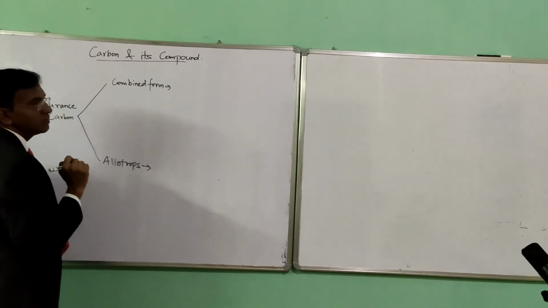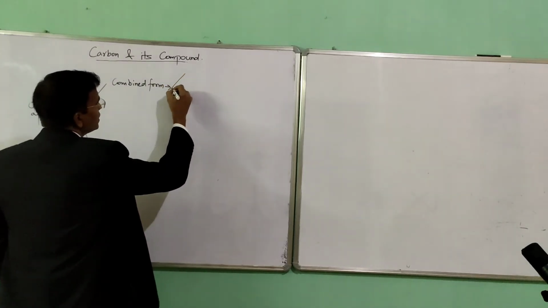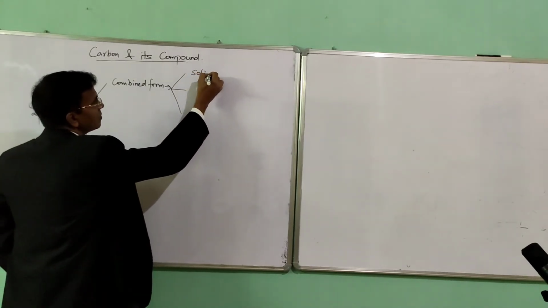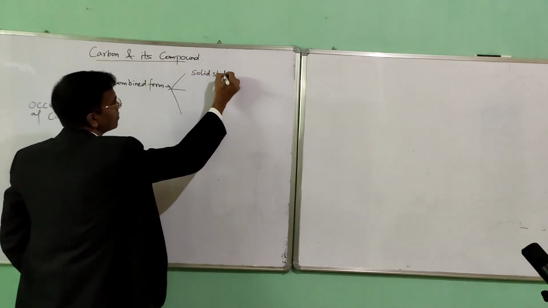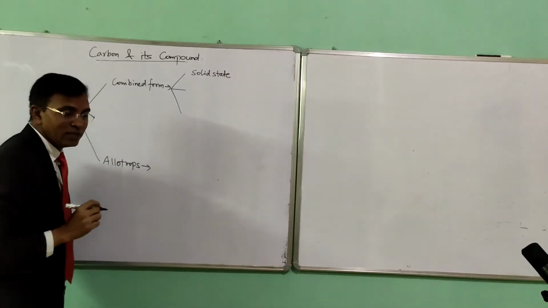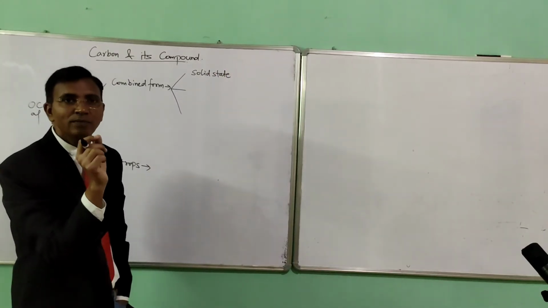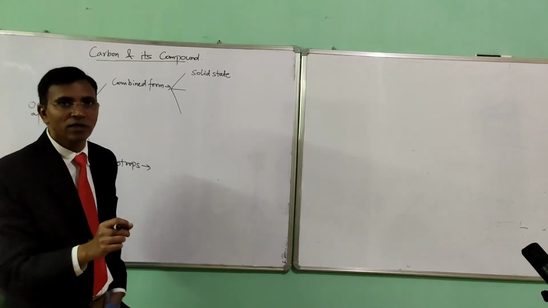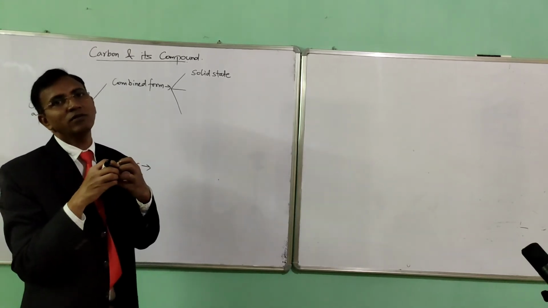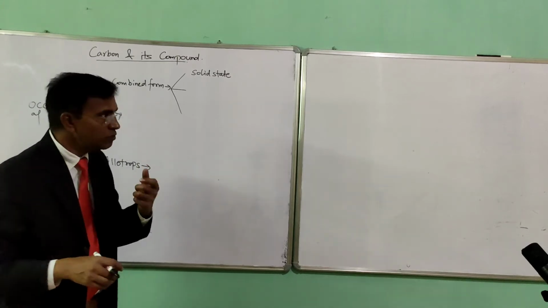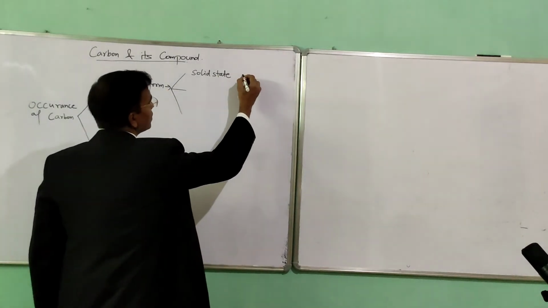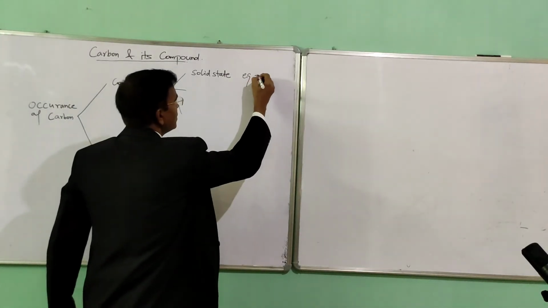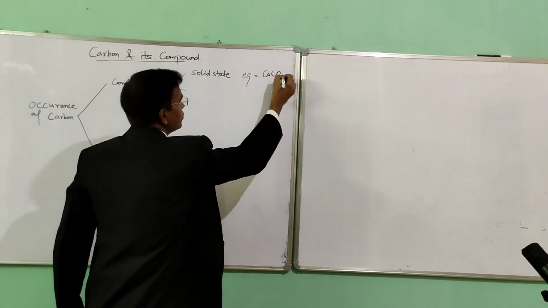Now the combined form may be present in three states. The first is the solid state. In the solid state, the carbon atom is present in the earth crust or in the atmosphere in the combined state with other elements. For example, CaCO3.